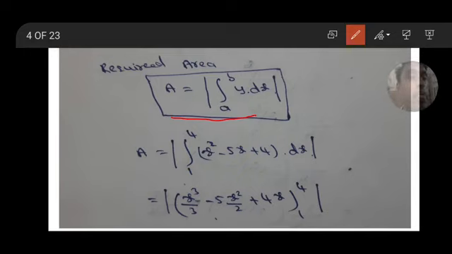By modulus we mean that we don't know whether the region is below the x-axis or above the x-axis, that's why we are taking the modulus.